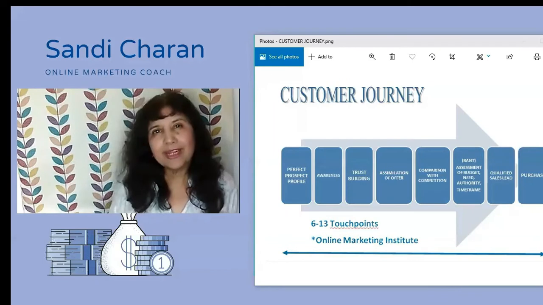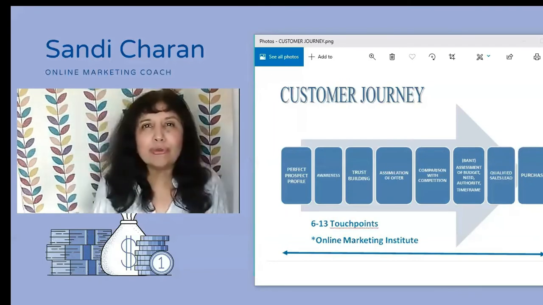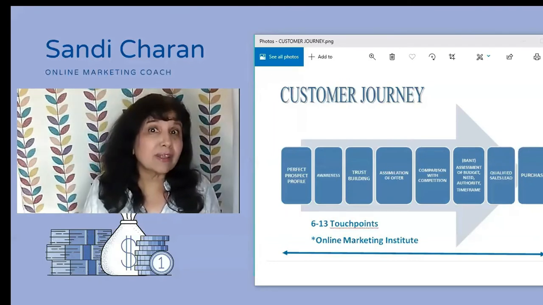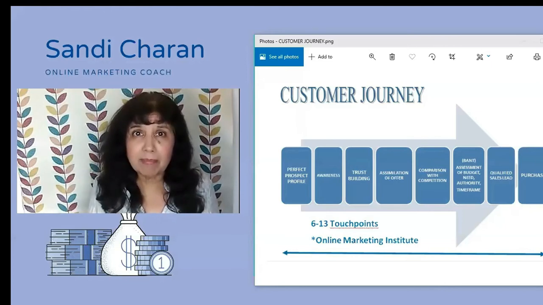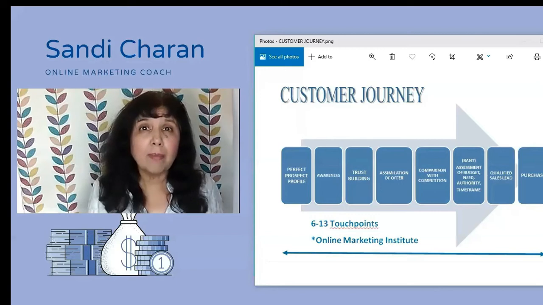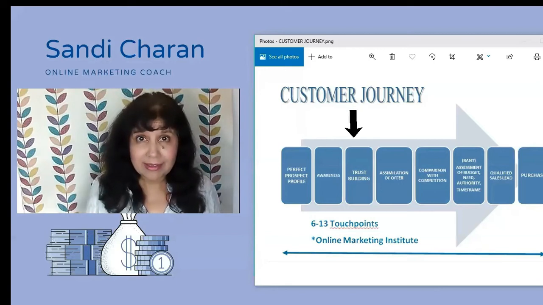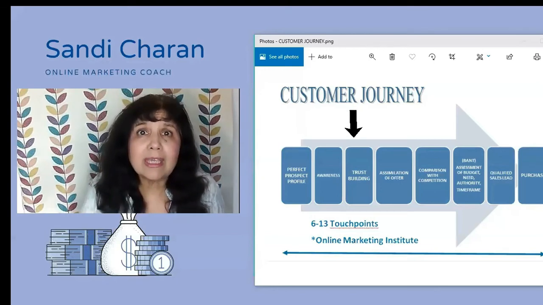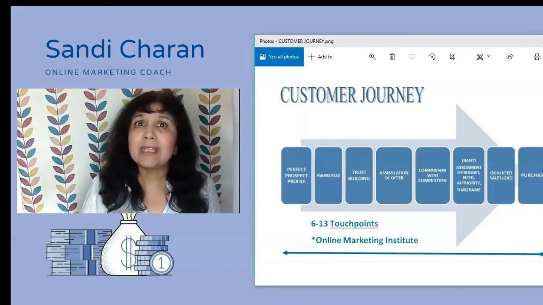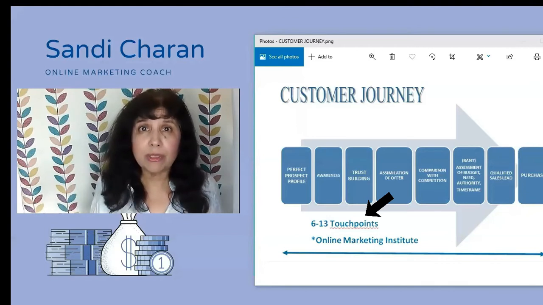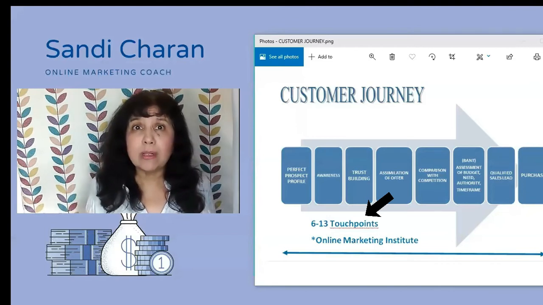How do they know that you're not selling a dud product? So your job now is to convince them that your product is the best one they could possibly buy, and that you are a person that they can trust. Now, the Online Marketing Institute has statistics that show that it takes between 7 and 13 touch points before someone will buy from you.